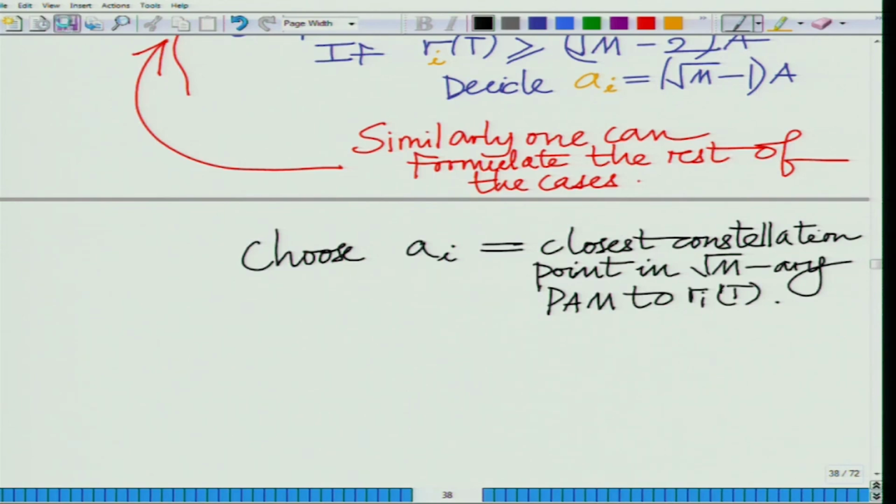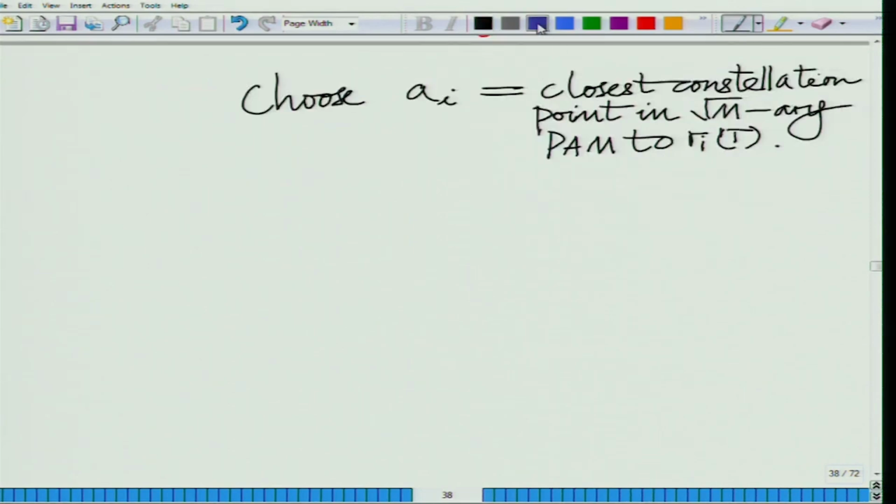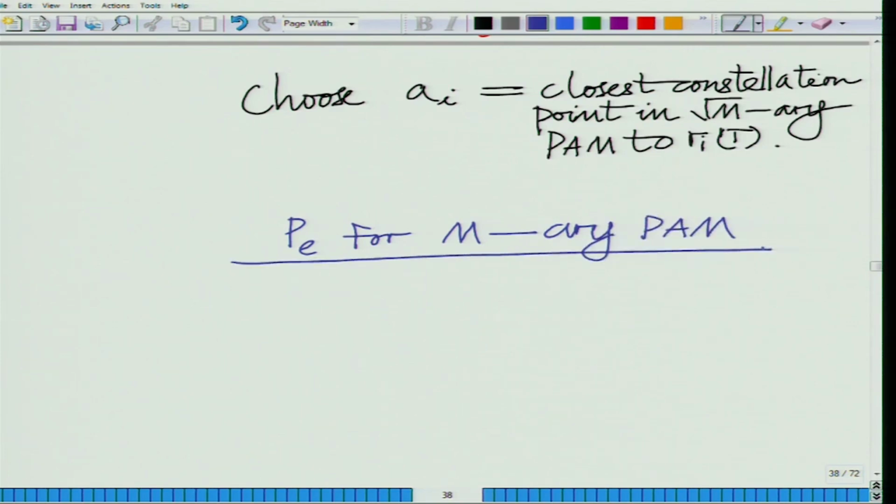Now, the probability of error. Remember the probability of error for each PAM, let us recall the probability of error first for M-ary PAM.